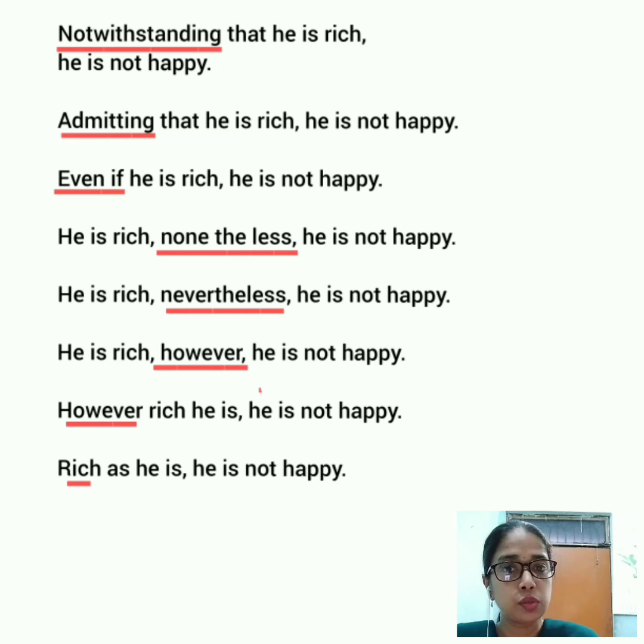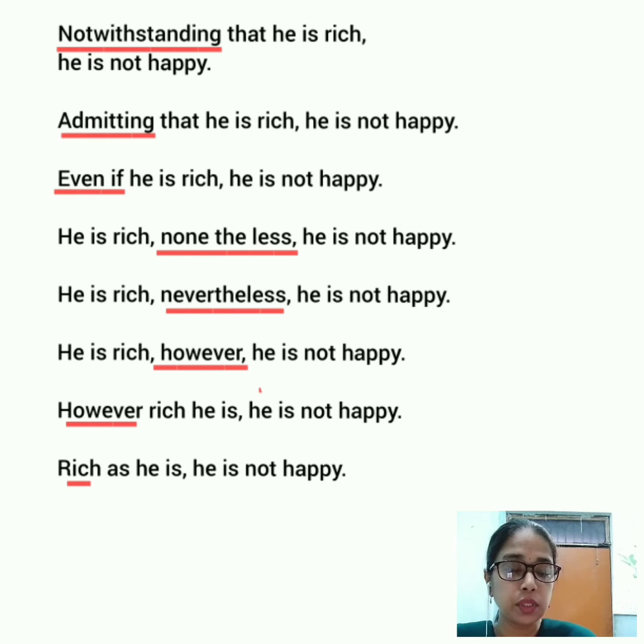So with however also you can write it in the same way as nonetheless and nevertheless sentences. But you can write it in another way also. Like in the next example, you can see I have started the sentence with however. However rich he is, comma, he is not happy. So here, children, be very careful with the order of words used in the first clause.